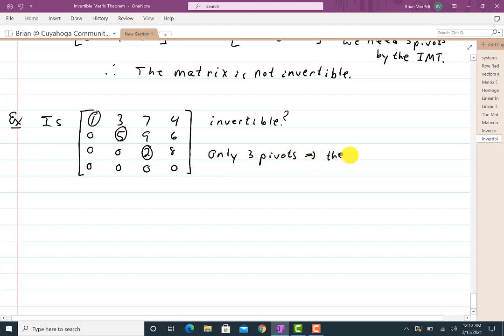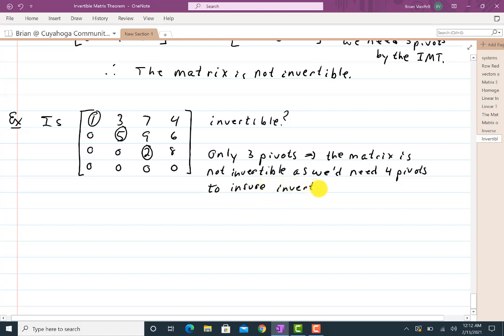Implies the matrix is not invertible, as we'd need 4 pivots to ensure invertibility. And once again, this is by the invertible matrix theorem.